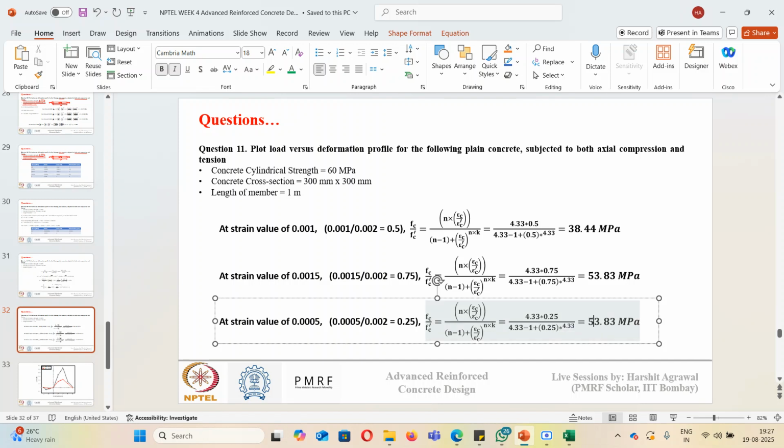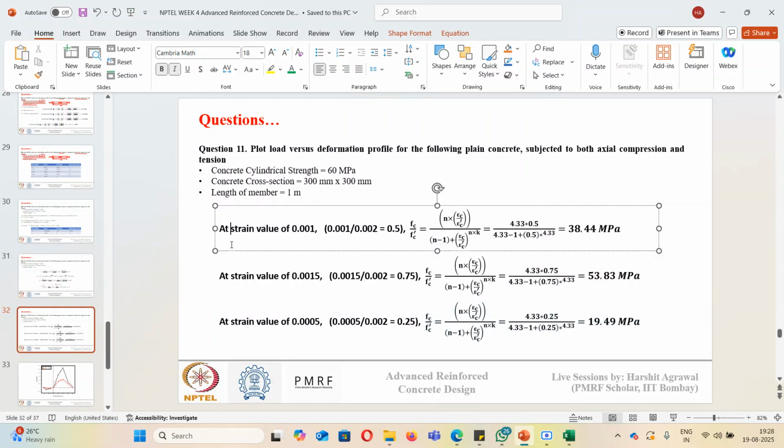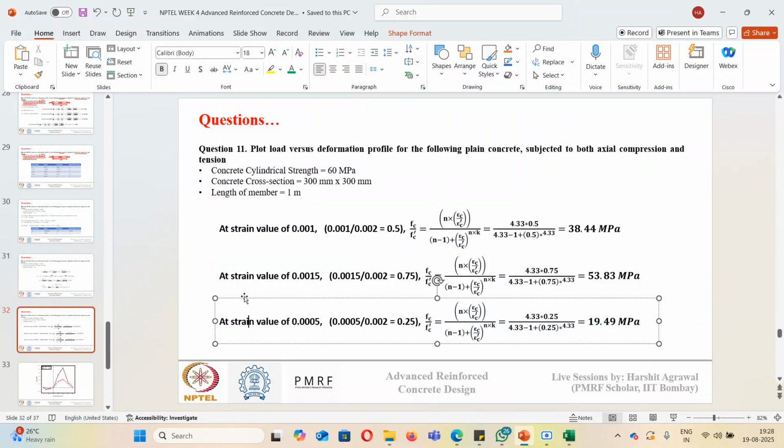Since my epsilon is still less than epsilon c dash, the k will remain 1. So the calculation will give 19.49 MPa this time. So this is how we use Thorenfeld's equation to calculate stress at different strains. So this was before peak.